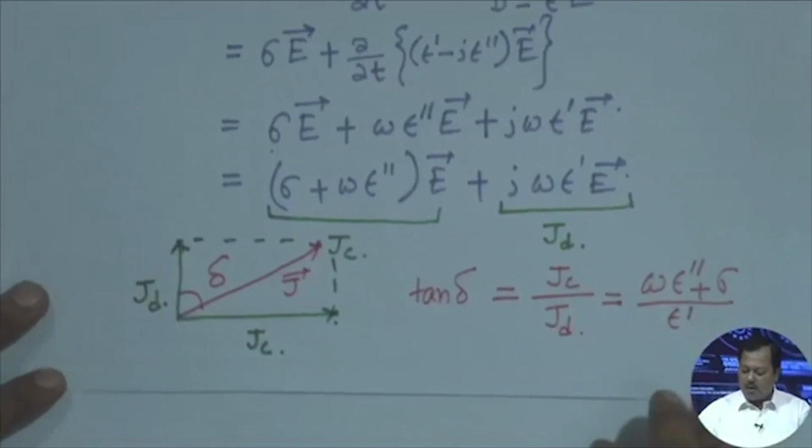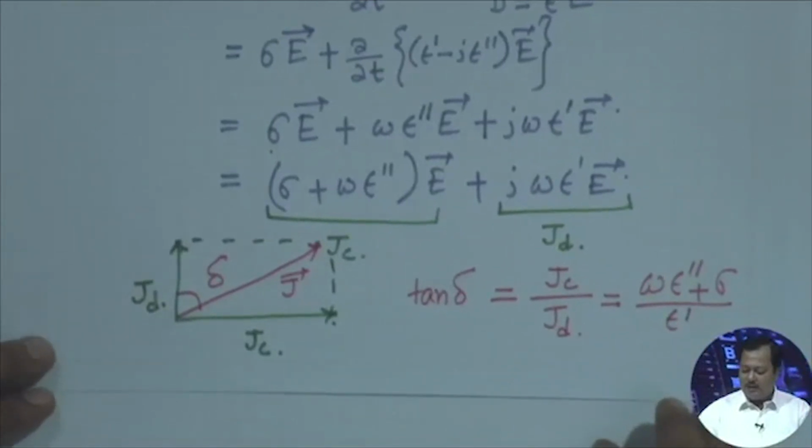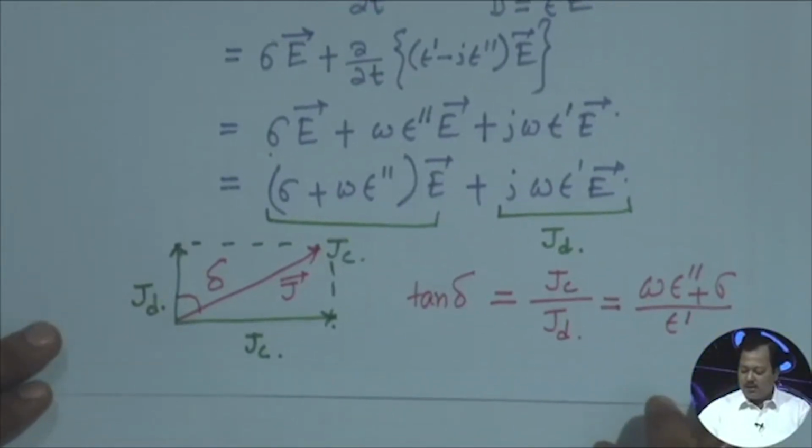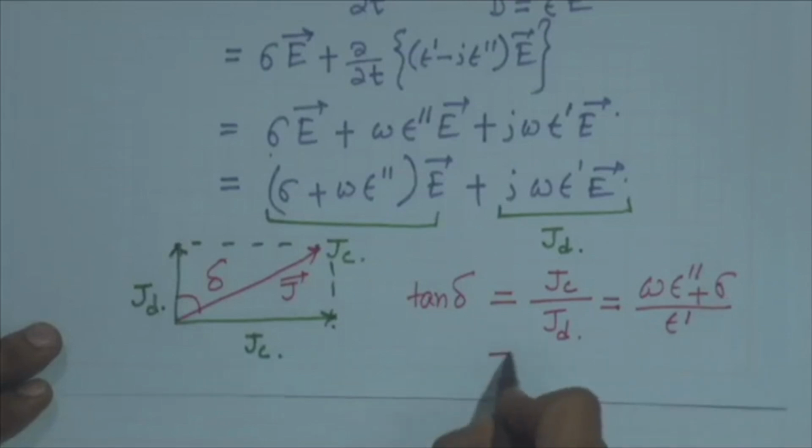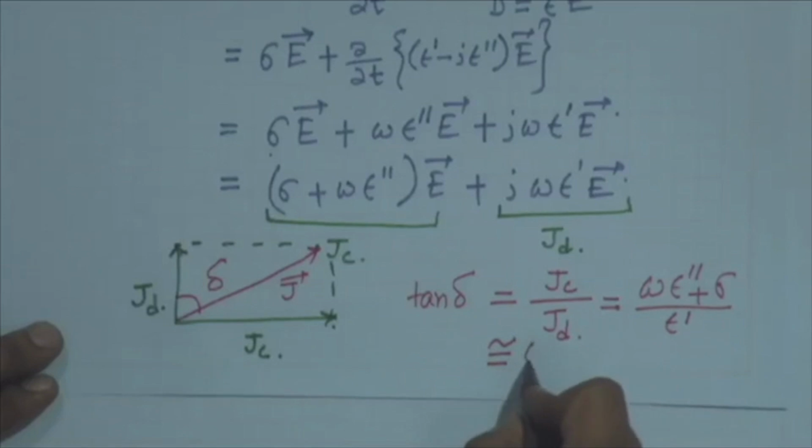This is called the loss tangent of this dielectric medium. Since we are considering a dielectric, we can assume sigma is 0, and then this quantity is approximately epsilon double dashed divided by epsilon dashed.